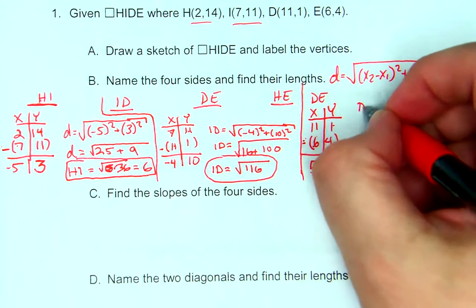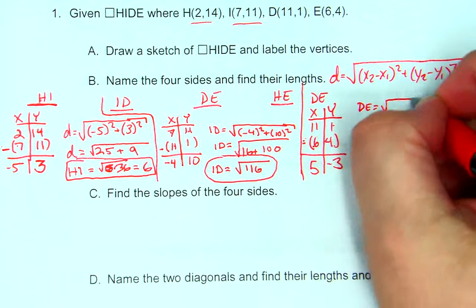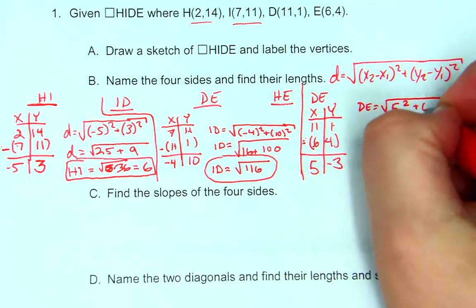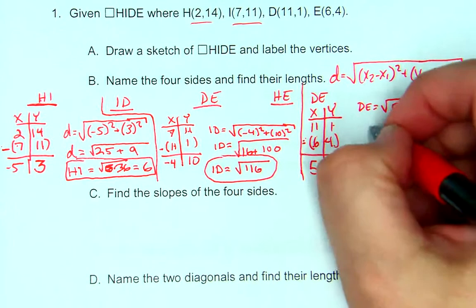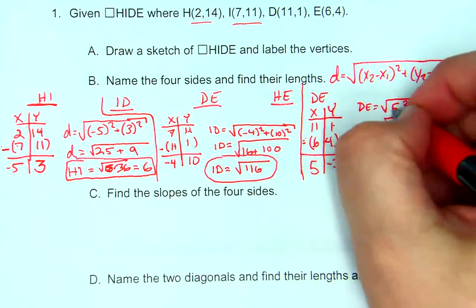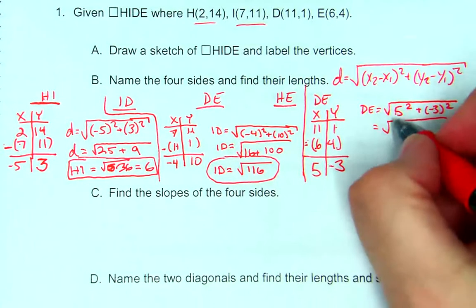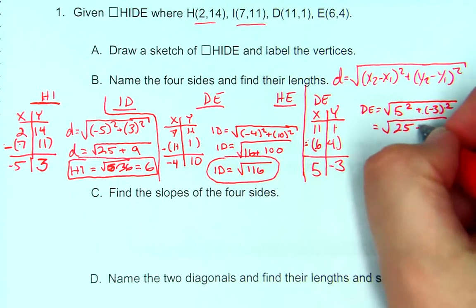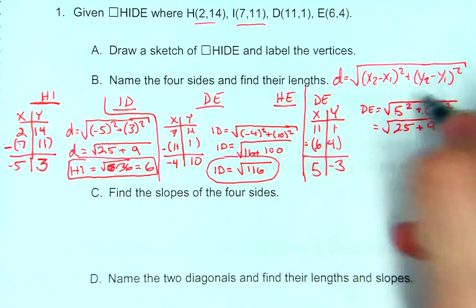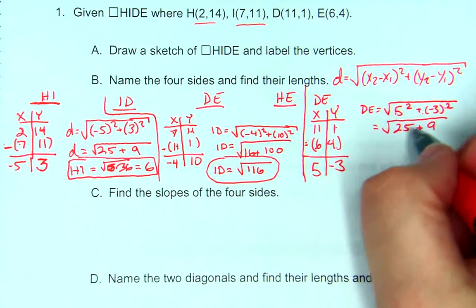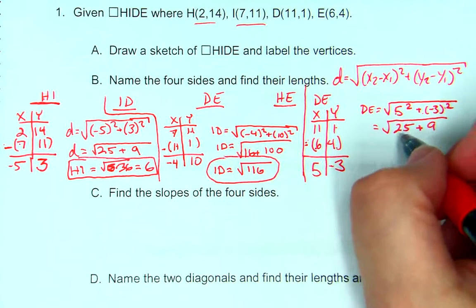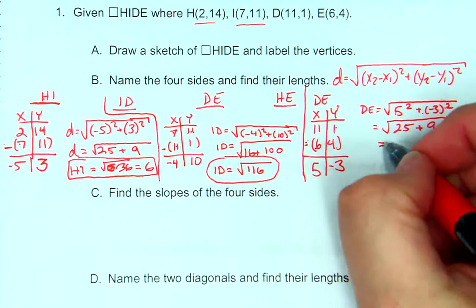So DE is going to be equal to the square root of 5 squared plus negative 3 squared. What's 5 squared? 25. What's negative 3 squared? Plus 9. Now, you're never going to get a negative answer when you square something. So if you get a negative answer, go back and look at it again.